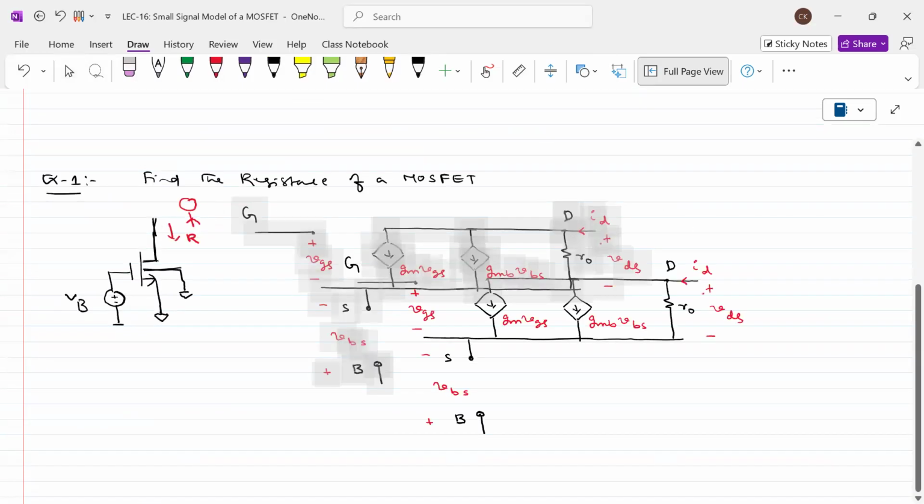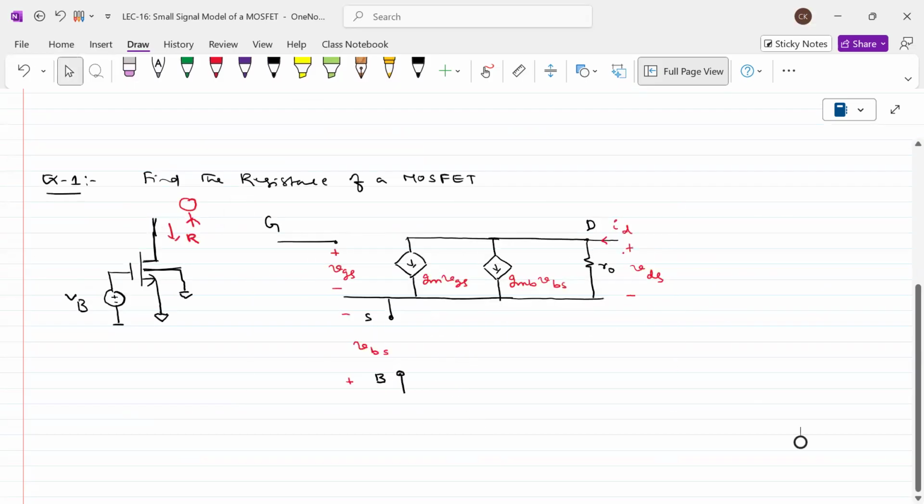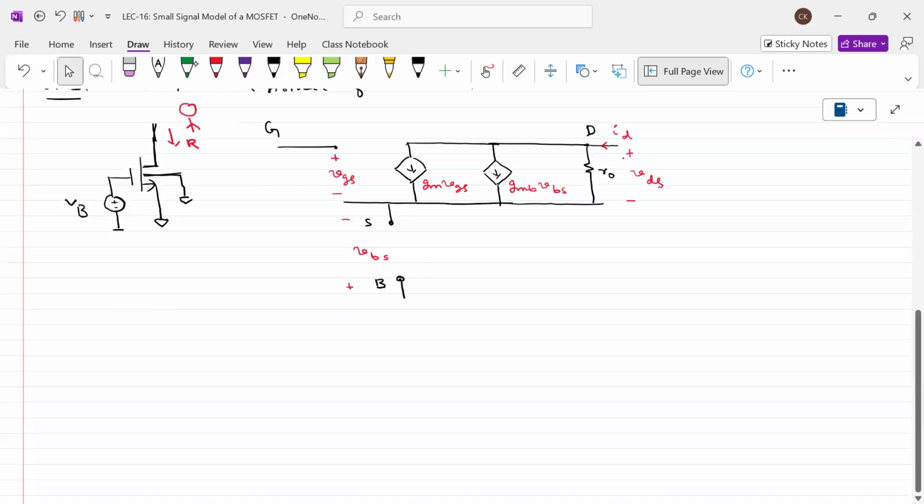Whenever you would like to calculate the resistance at a particular place, you have to use this approach: connect one potential here, plus or minus Vx, find Ix, and take the ratio Vx divided by Ix. That will be the resistance at that particular point. Is the point clear?